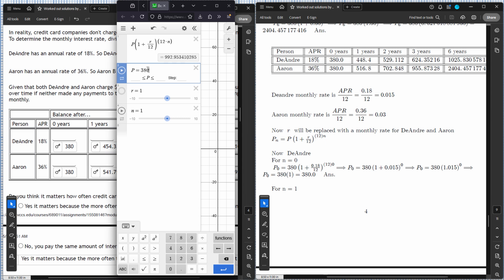DeAndre's APR is 0.18, and n in this case is equal to 0.